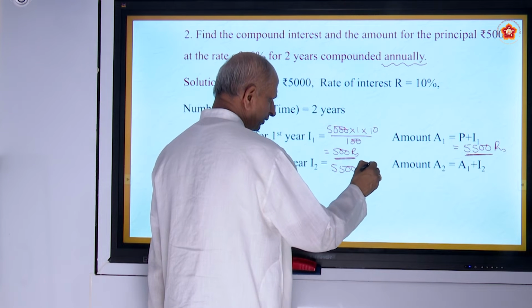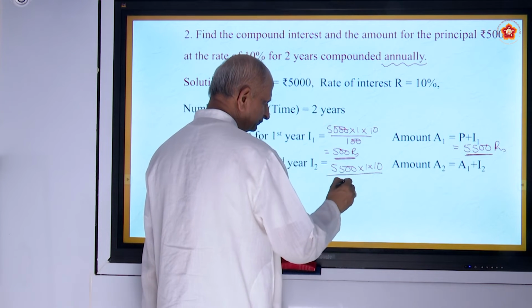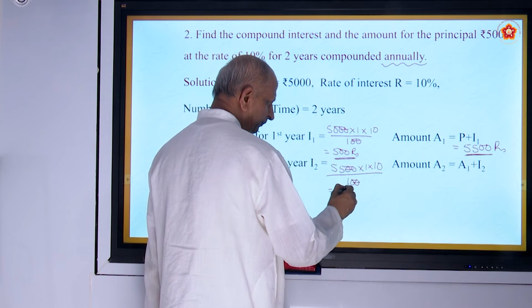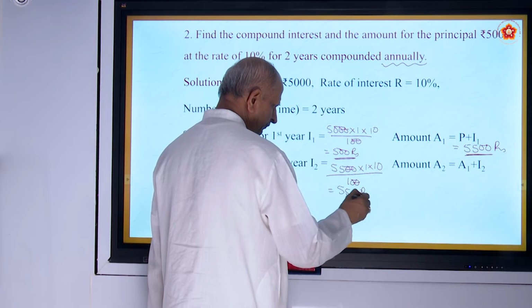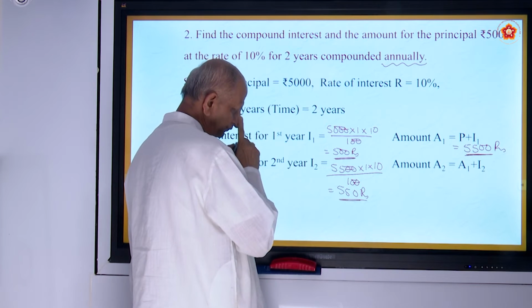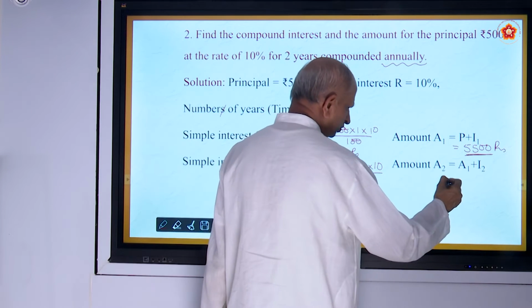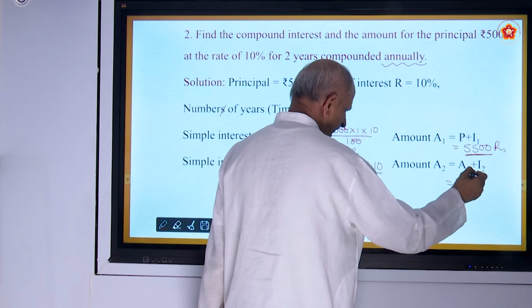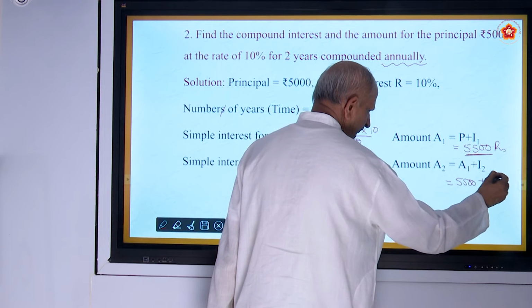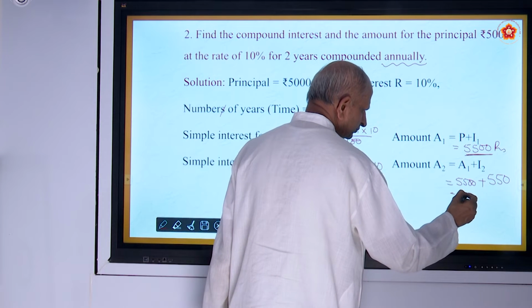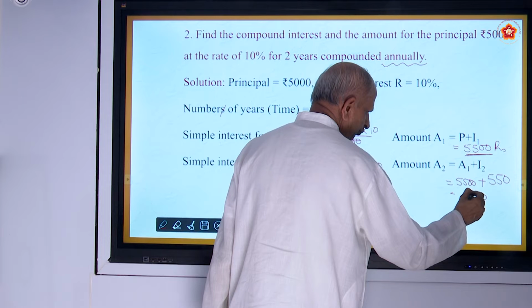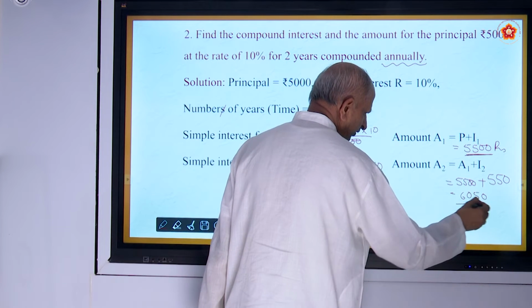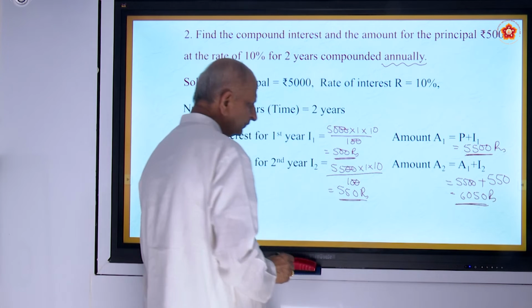T is 1 year as usual. R is 10%. So, these two zeros cancel. You get 550 rupees. And amount is equal to 5,500, that is this, plus 550. That will be 6,050 rupees. That is the amount.